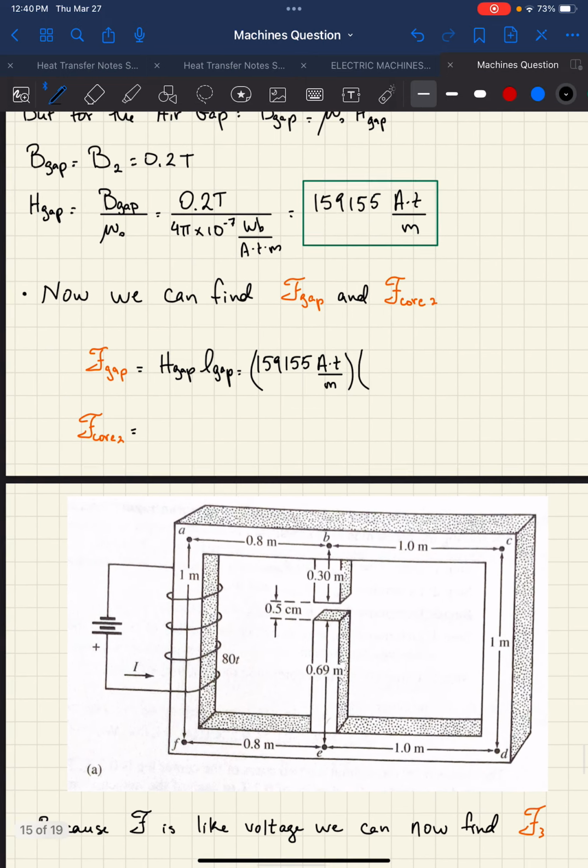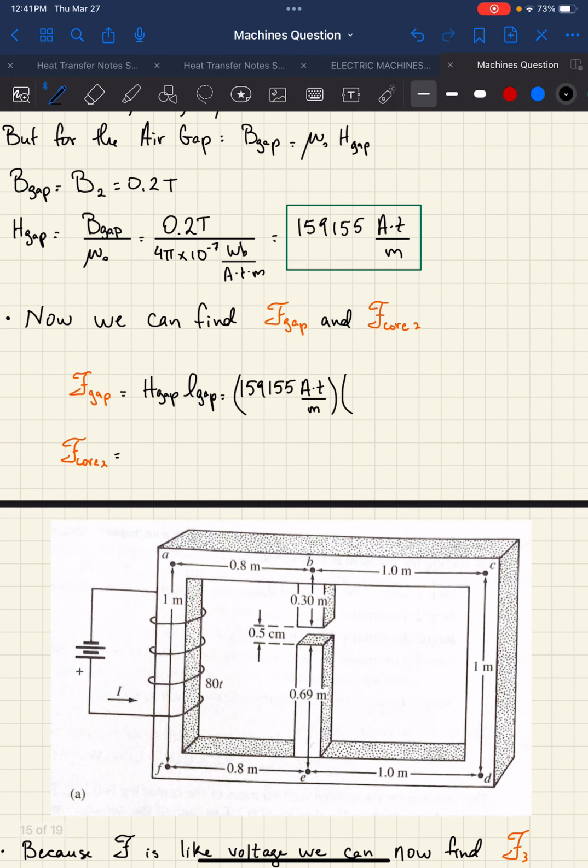L gap, here's a copy of the picture without any drawing on it so we can see L gap. L gap is this distance, 0.5 centimeter. So 0.5 times 10 to the minus 2 meter. Okay, so this becomes 795.775 amp turns.